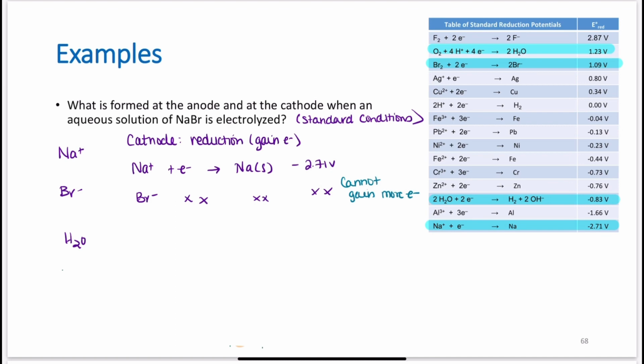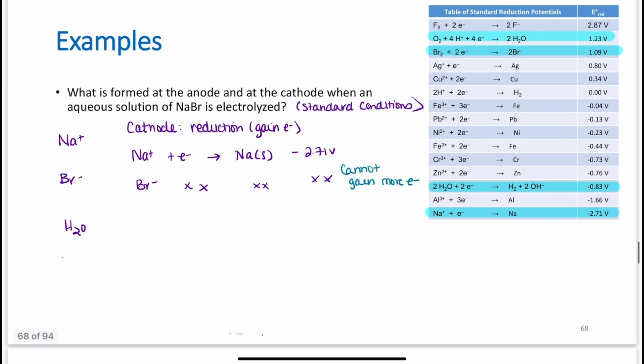And water, let me write the actual reaction here. Water can gain 2 electrons, forming H2 gas and 2 moles of hydroxide at negative 0.83 volts.